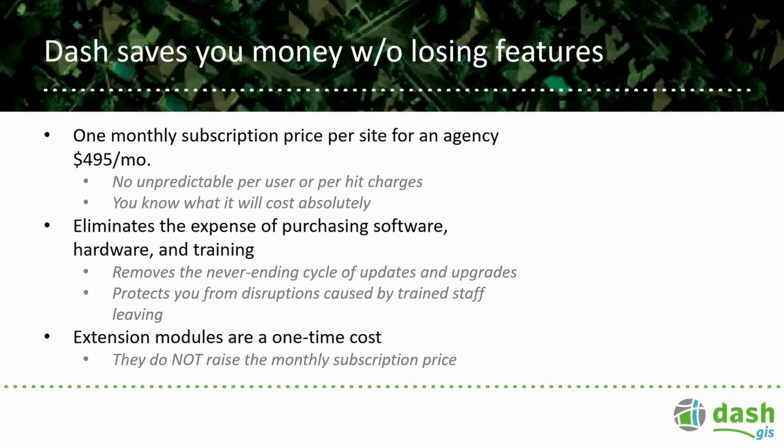You don't have to worry about buying new computers, new software every time an upgrade happens because we take care of that. It's not on your ticket. And the extensions are a one-time cost. So if you get the pressure line isolation and the CCTV extensions, your monthly cost does not go up. It will remain $4.95.